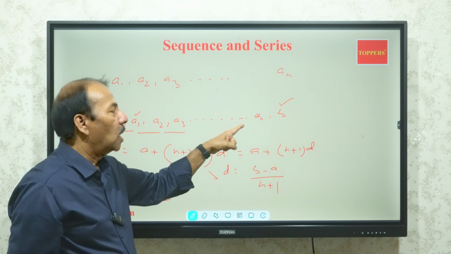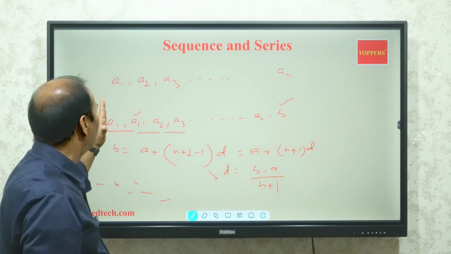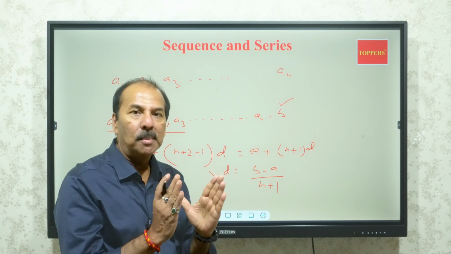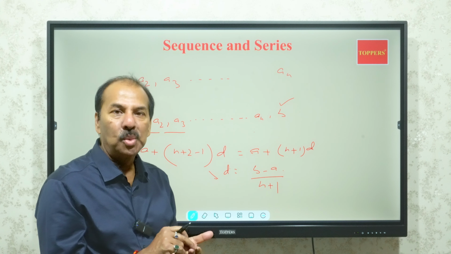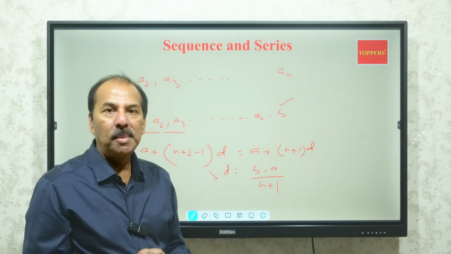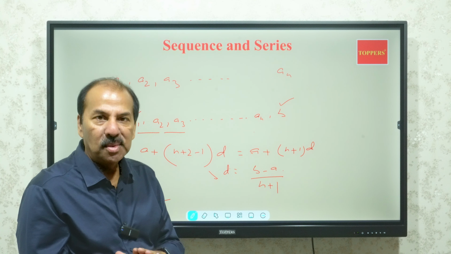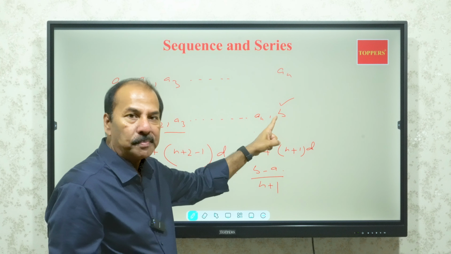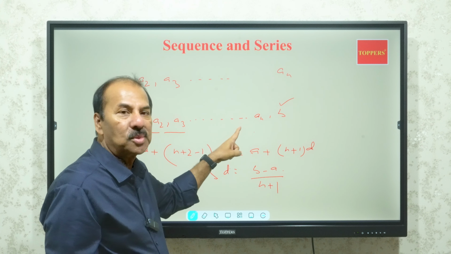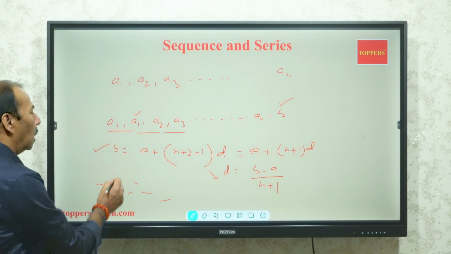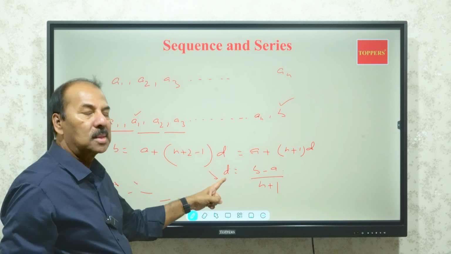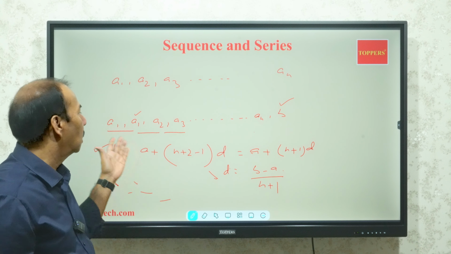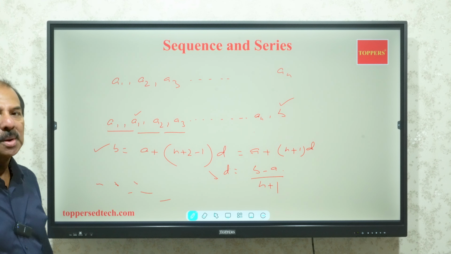If we have introduced n number of terms, the first term remains the same, A, and the last term becomes the (n plus 2)th term, because the total number of terms already present were 2 and we have introduced n more. The common difference we have assumed is D. Use the relation for the nth term and simplify, and you will get the value of D. Once you calculate D, use any relation of arithmetic progression and calculate whatever is to be calculated.